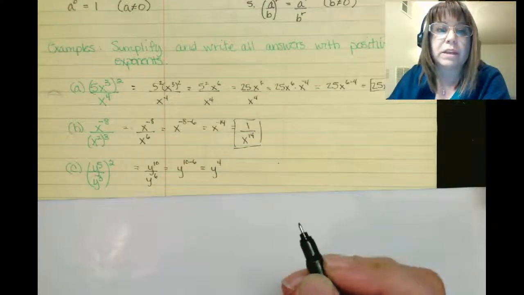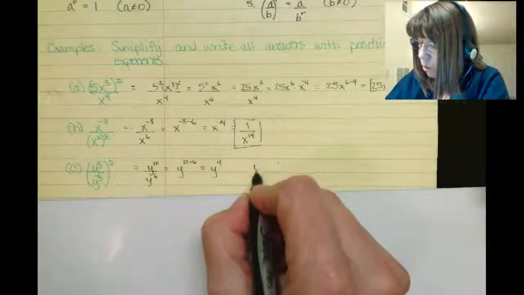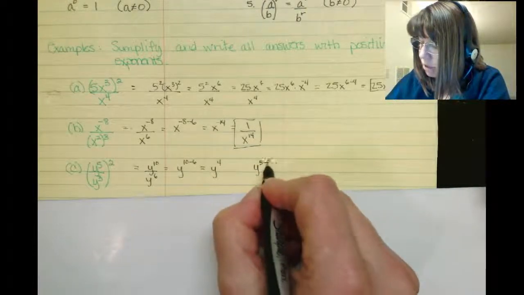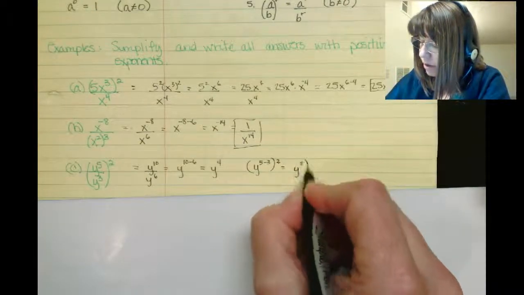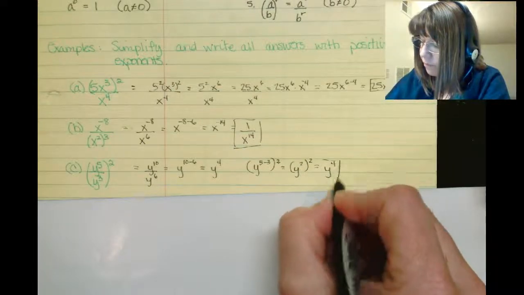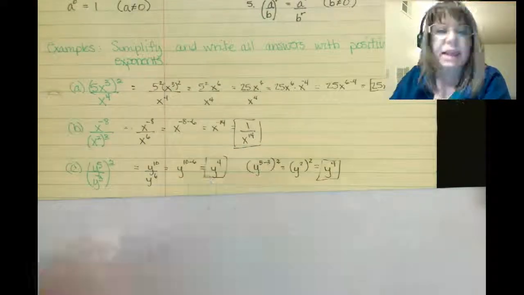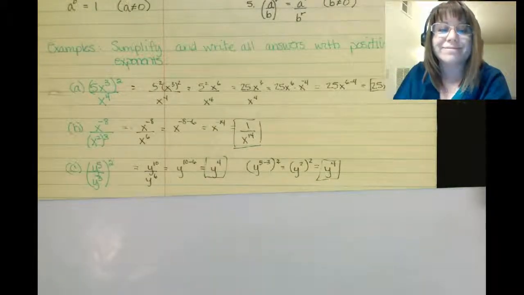That's one way of doing it. The other way of doing it is to do the parentheses first, which would be y to the 5 minus 3 squared, which is y squared squared, but that's y to the 4th. Either way, I do get the correct answer, y to the 4th.